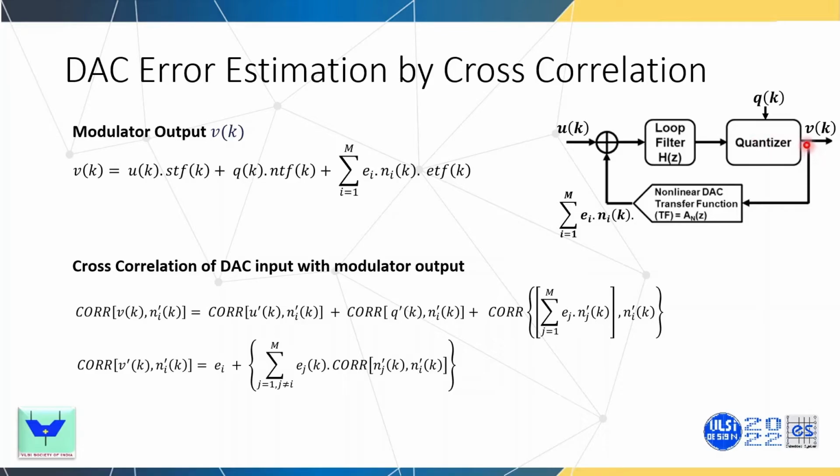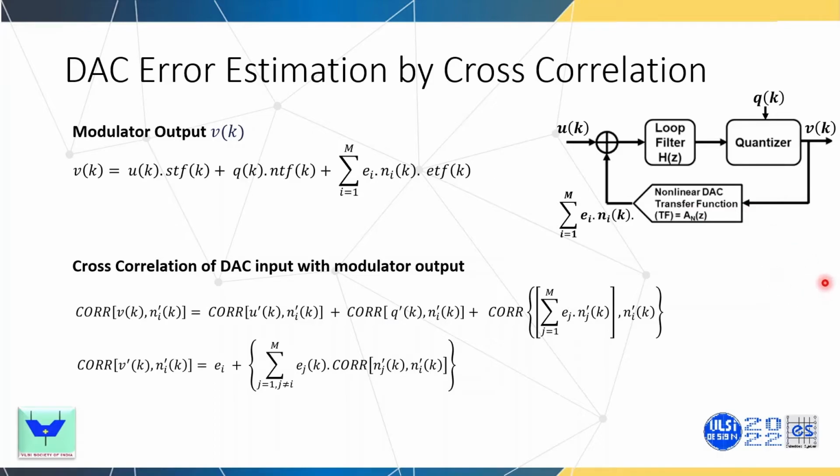So what we do is we have an output here, and we basically recreate this path in digital. I'll just show you in the next slide how we do that. And we do a cross correlation between the NIK here, because the BIK is going inside the DAC, the unary DACs.